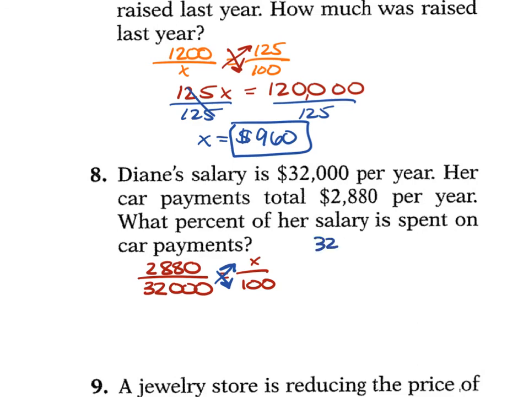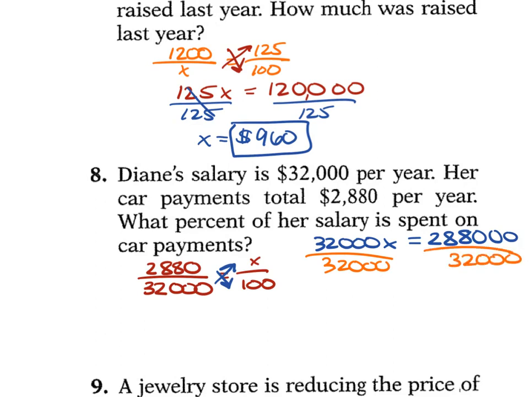So that's going to be 32,000x is equal to 2,880 add the 2 zeros. So that's 288,000. So we're going to divide by 32,000 on both sides. So x is equal to, those zeros can cancel out, 288 divided by 32 is 9%.